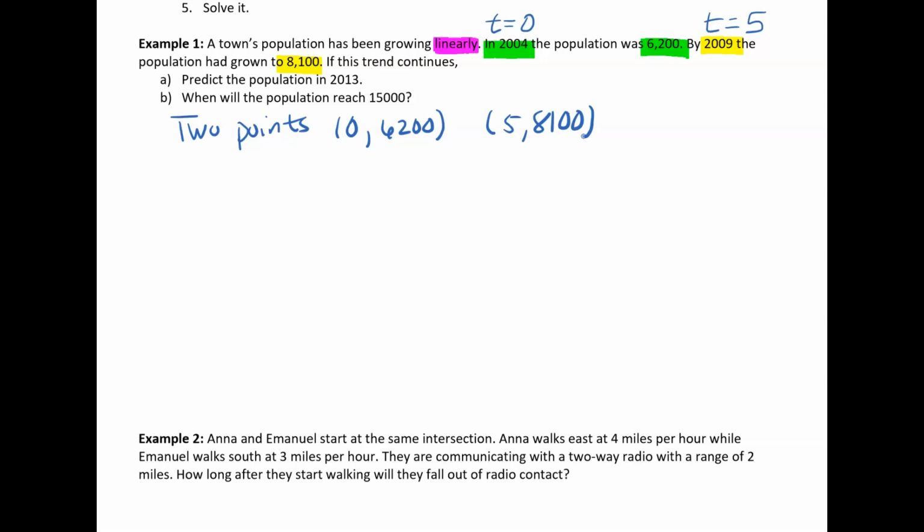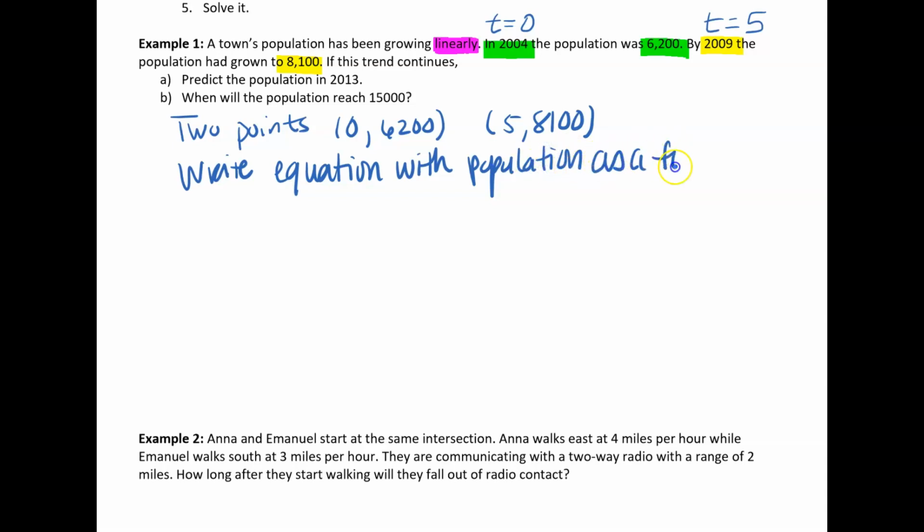I know it's linear, so I'm going to create an equation of a line. We are going to write the equation with population as a function of time.